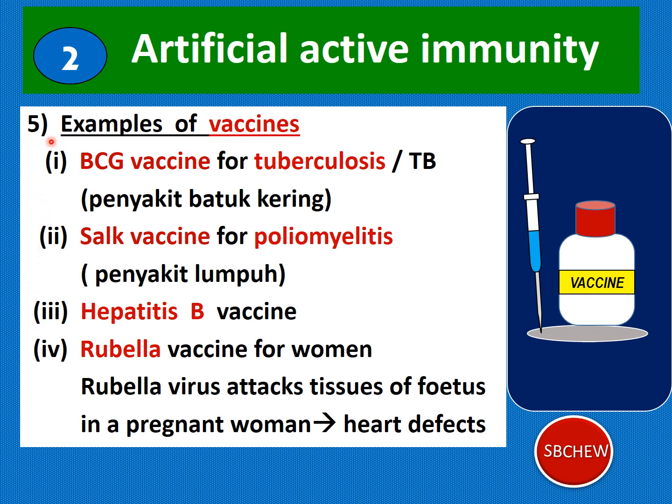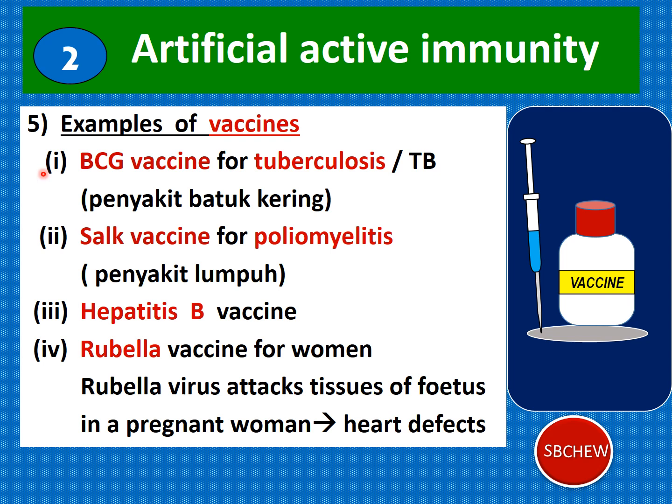Let us discuss some examples of vaccines that have been developed to help us build our immunity and protect us from various infectious diseases. The first vaccine was developed by Dr. Edward Jenner in 1796. From then on, many vaccines have been developed, and today there are these different types of vaccines and more that are very useful to us.